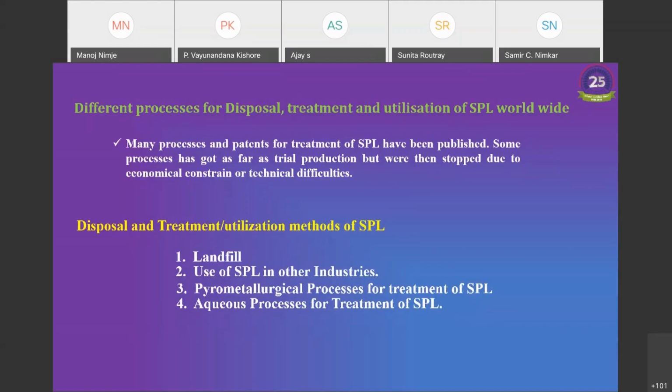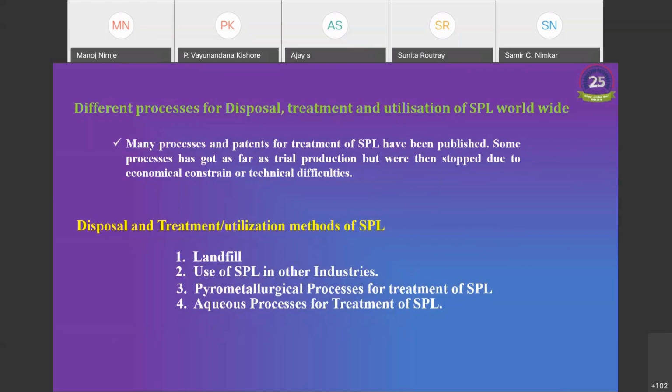Some processes have got as far as trial production but were then stopped due to economic constraints or technical difficulties. In this presentation, we will discuss only those methods which are in use on the pilot scale or which are potentially new methods. Different practices available in India or worldwide for disposal, treatment, and utilization of SPL are, 1.